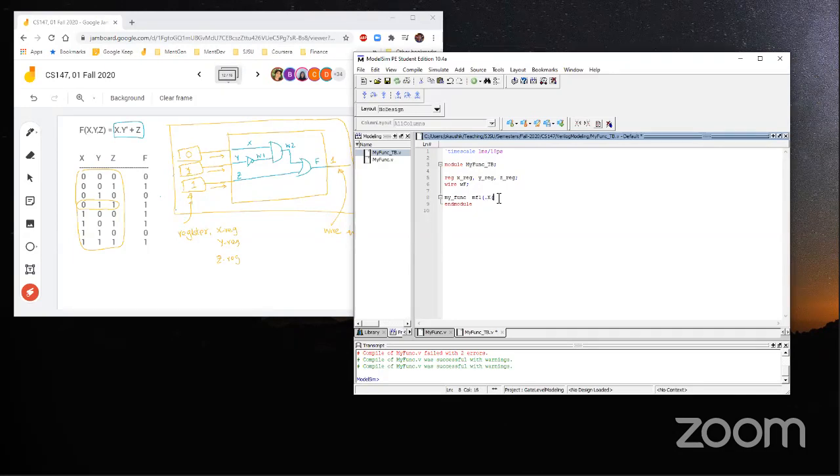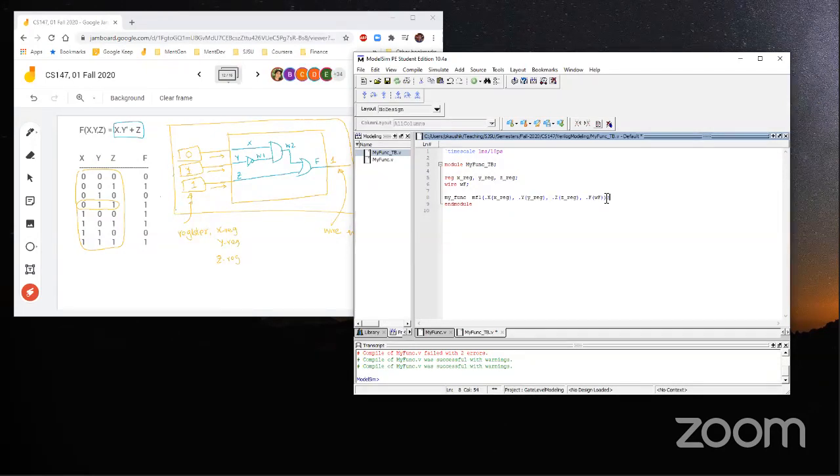X means connect X to X reg, Y, so connect port Y to the Y reg, connect port Z to the Z reg, and connect port F. Was it F? Yeah. F to the WF.